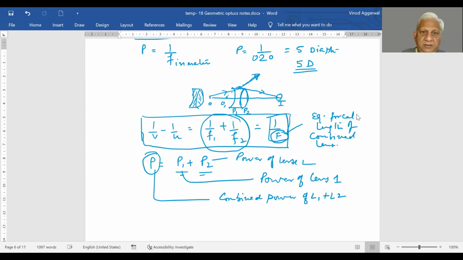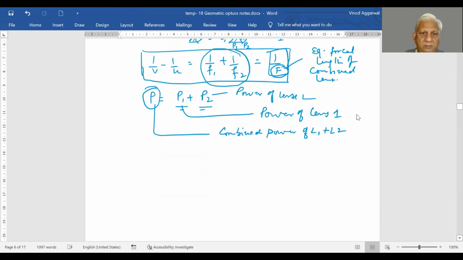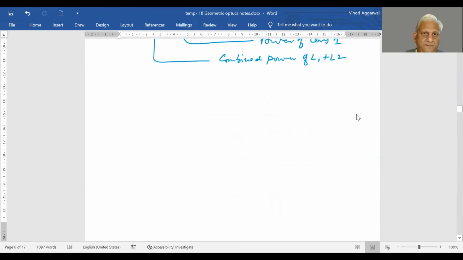Now, is it necessary that these lenses have to be put together? No, you can have lenses which are separated. So how does that treatment look like? Let's say you have one lens here, you have another lens here. This is having a power P1.